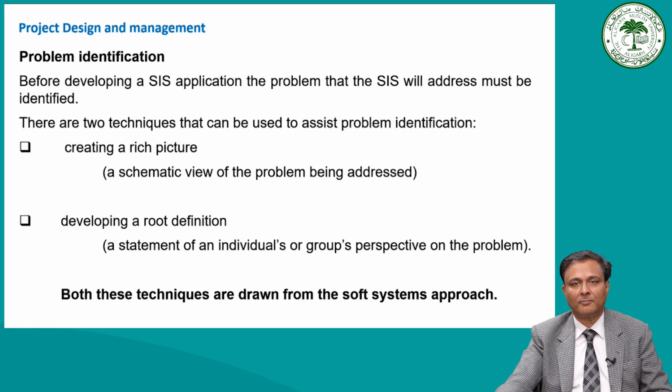The soft system models are abstract logical models that help with our understanding and structuring of a problem. Another is developing a root definition, which I would say is a statement of an individual's or group's perspective on the problem.